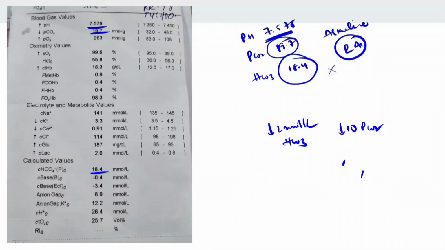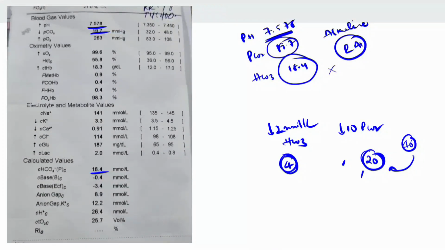In this example, PCO2 is decreased by 20, as the average is 40 and it is 19.7. So bicarbonate should be decreased by 4 millimoles per liter.